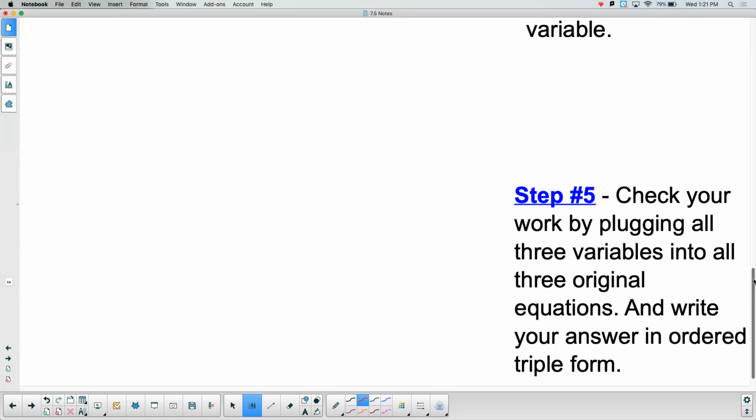Going to equation number 1. Negative 2x plus 4y plus 5z equals 5. That's going to be 2.